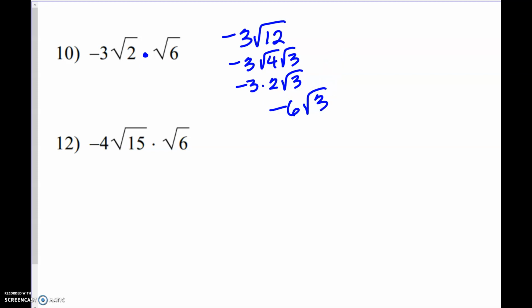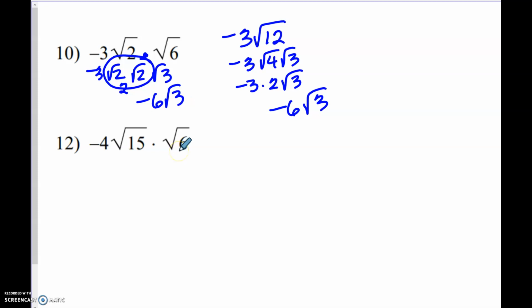All right, and the other way you could do this would be to look for the like terms here. So -3 root 2, and then 6 is root 2 root 3. Now, because these are the same, they're 2, so -3 times 2 is -6 root 3. So same answer, no matter which way you do it.